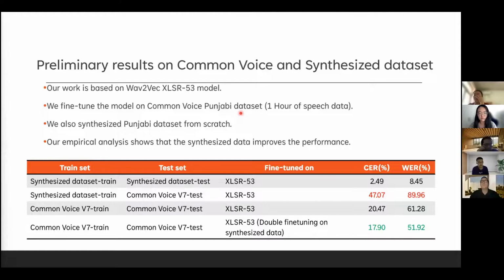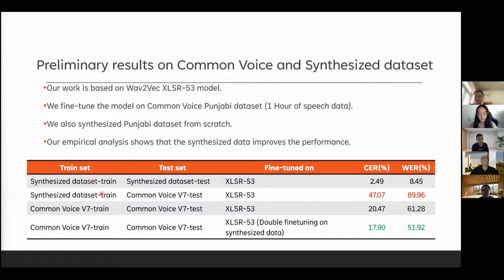To augment the data, we also synthesize our data set. We had Punjabi text-to-speech models, and we have a huge collection of Punjabi unpaired text. We use that unpaired text to synthesize around 23 gigabytes of Punjabi sentences, speech data, and then we presented the data while training the model.